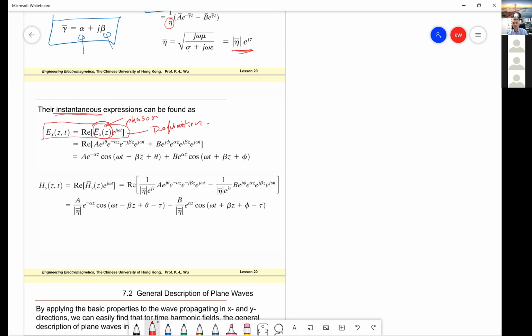This is the definition. How do we define the phasor? In all our discussion, the phasor is defined by this term multiplied by our time convention. You take the real part, and that is your real field.